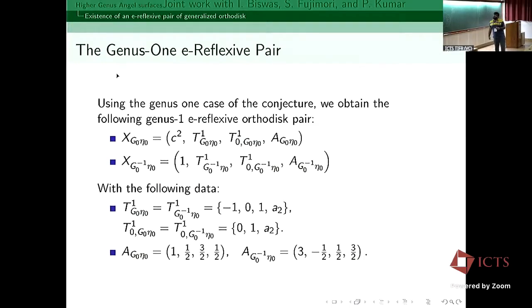Since Fujimori and Soda already solved the genus 1 case, from there we got this pair of generalized orthodisks.